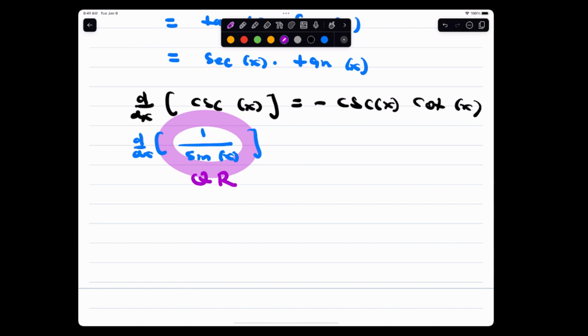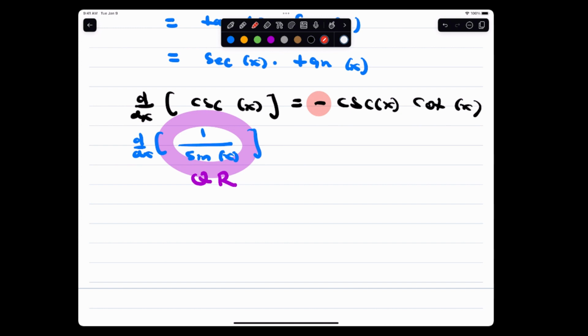Quotient rule. All right, you guys okay with that?